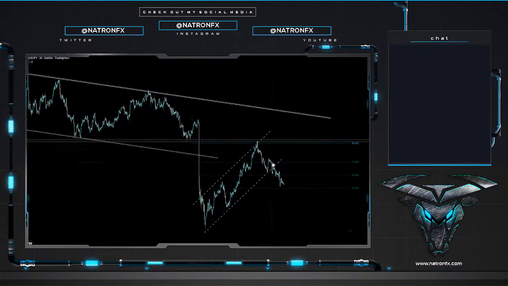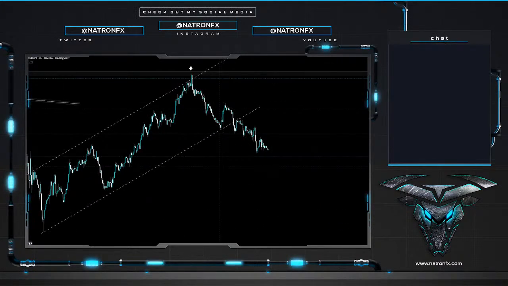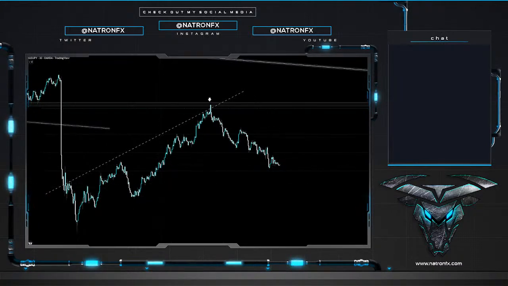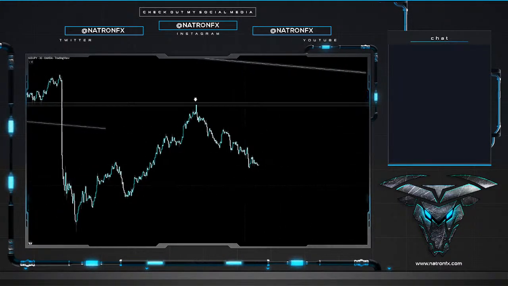That's a nice hit, man. That right there is a nice one. So if I look at this, let's just take this off for a second. Take off these fibs, they've already played out. This looks like a beautiful head and shoulders pattern.